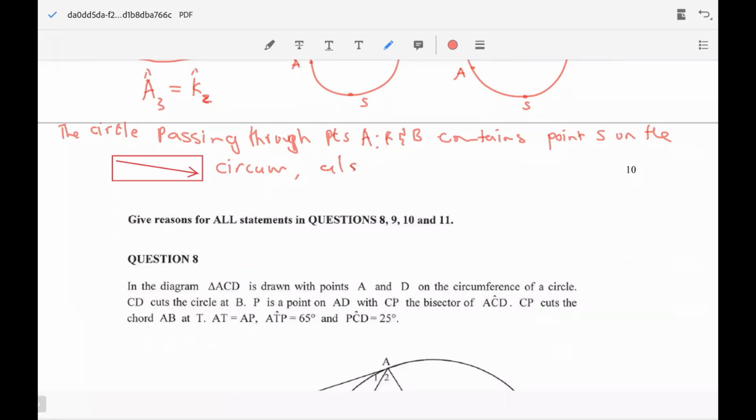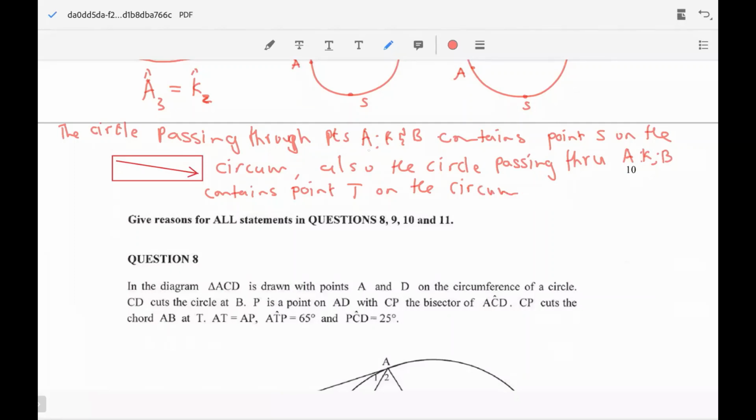And also the circle passing through A, K, B contains point T on the circumference.